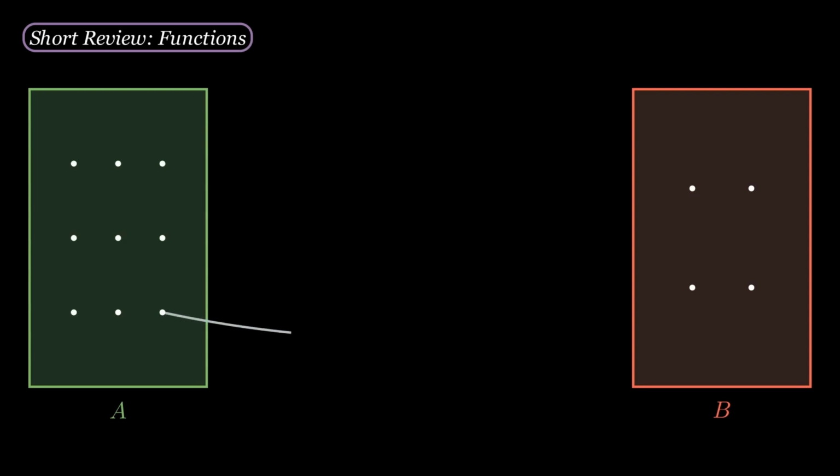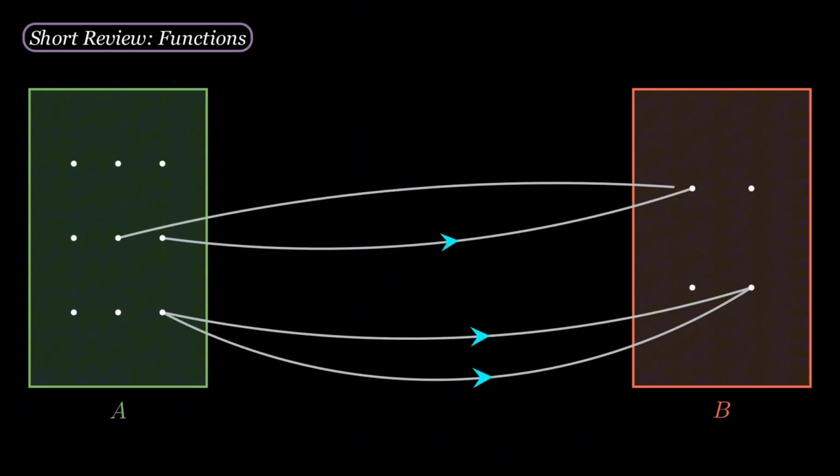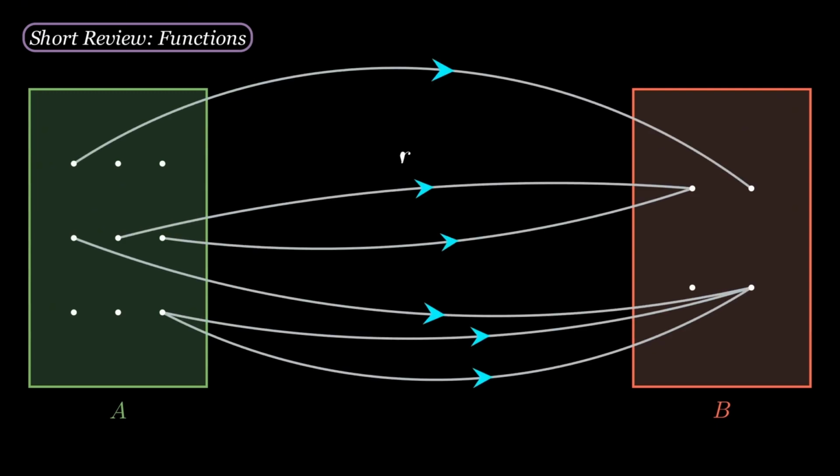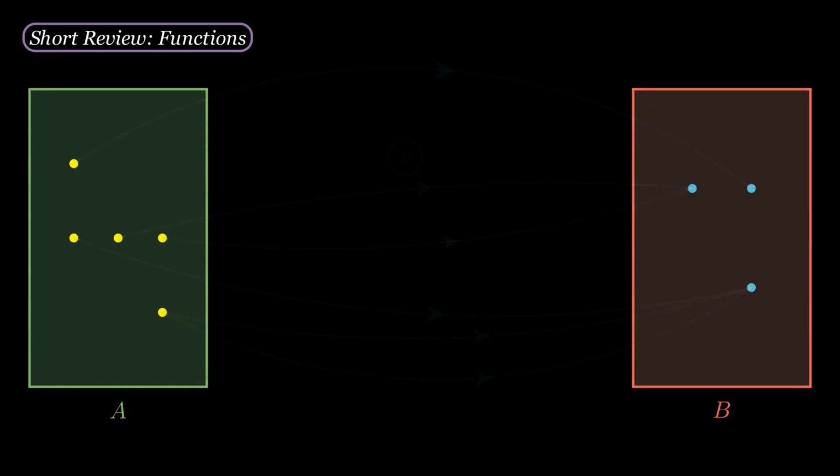A collection of arrows emanating from some of the points in A and pointing to points of B defines a relationship, one which I will denote by the small letter R. The starting and ending points of the arrows define two subsets called the domain and image of the relation.